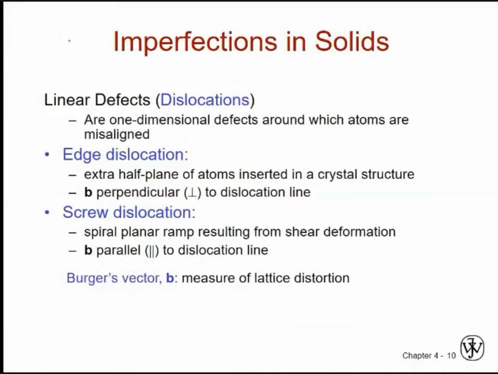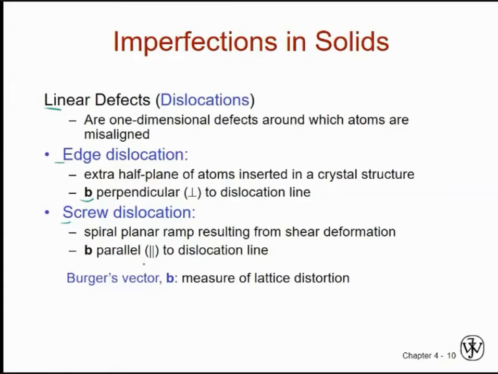If we sum them up, we have linear defects, which we call dislocations. These are one-dimensional defects or linear defects. In edge dislocation, we have an extra half plane of atoms. The Burgers vector was perpendicular to the dislocation line. In screw dislocation, it was kind of a plane sheared in half.